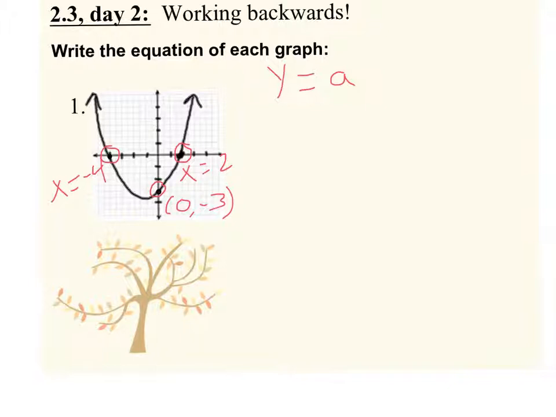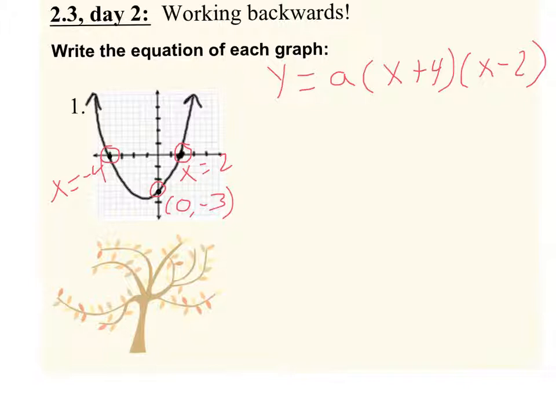So I don't know a, though I know it's going to be positive, but other than that, I don't know it. But here is where I can really make the jump to an equation. On the graph, I saw it had a 0 of -4, which means it has a factor of x plus 4. It had a 0 of 2, which means it'll have a factor of x minus 2.